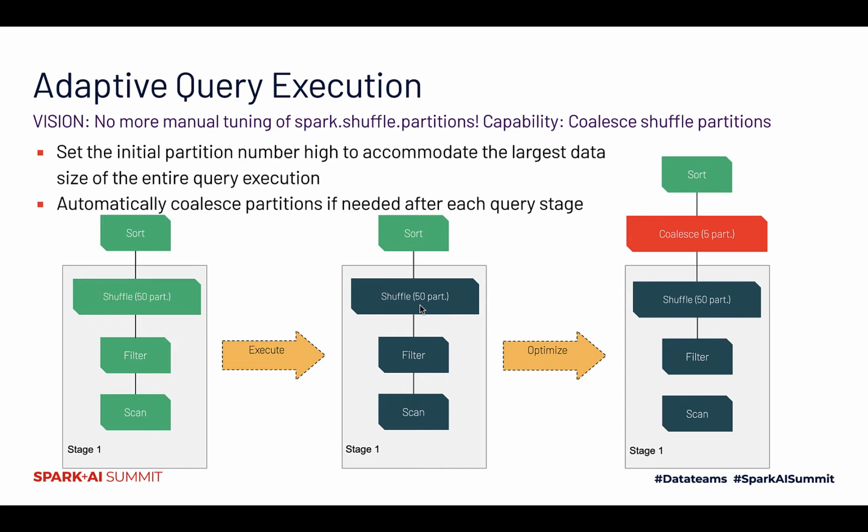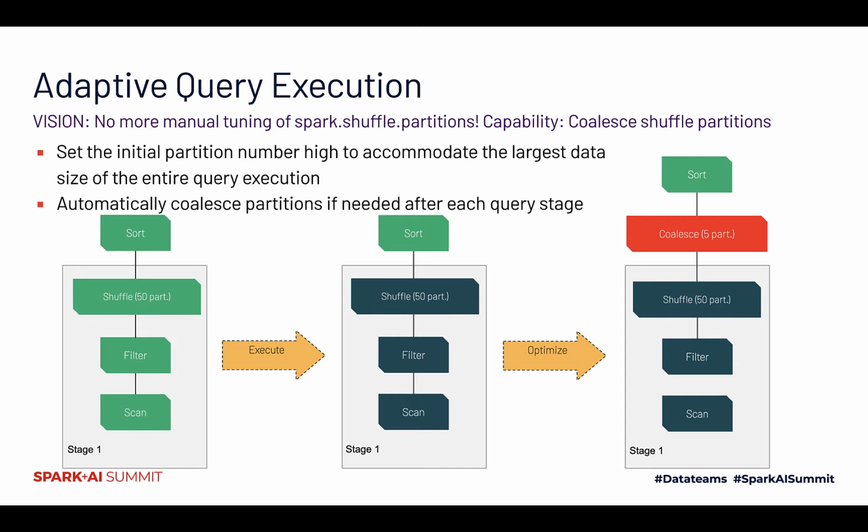But Spark may realize that these 200 file parts are in fact very small. And so rather than feeding 200 tasks into the downstream operation, Spark can dynamically insert a coalesce operation and decide to coalesce those 50 or 200 parts down to a more manageable number, such as 5 parts, before feeding into the sort stage of the process.